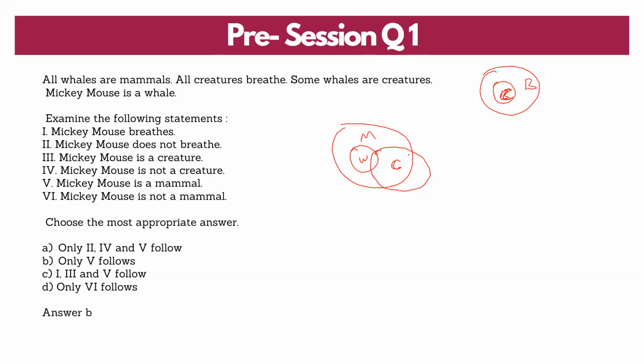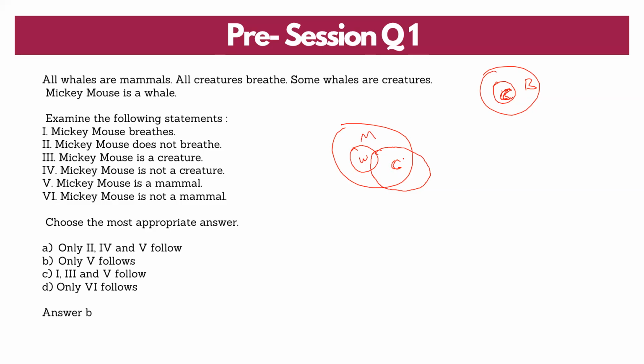Why so? Because if I draw a diagram in a way wherein creatures lie inside mammals, then I'm creating an unnecessary relationship between the two, in which all creatures are mammals will become true. That is not given. So why draw a diagram like this?